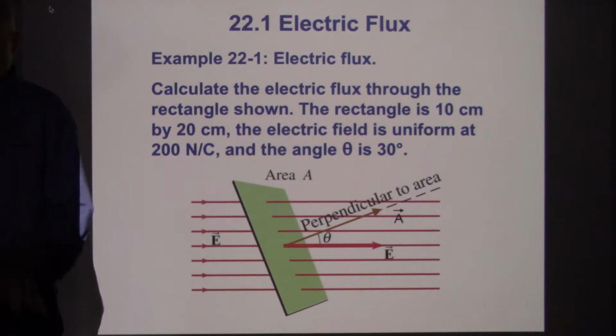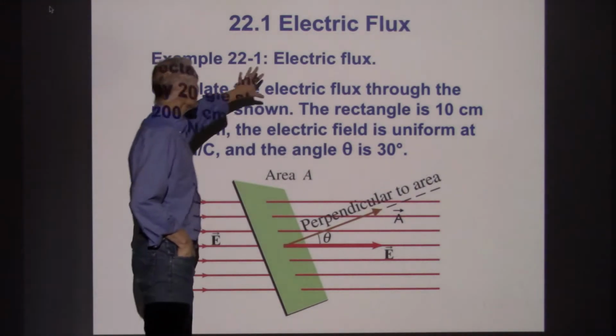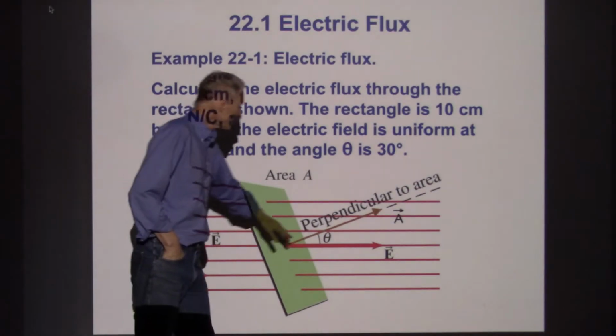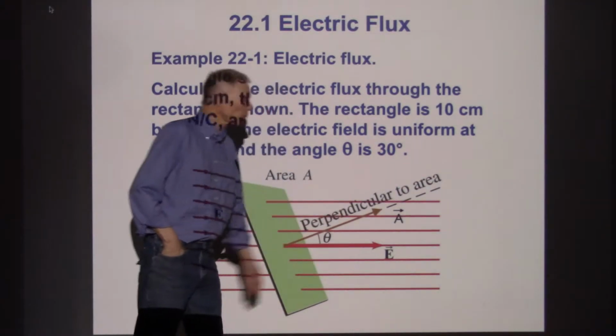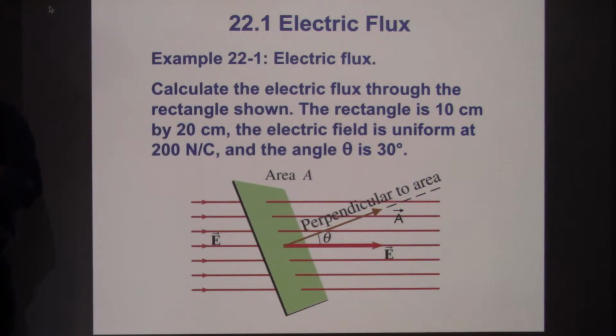Now for us, the important thing to realize is when we're calculating electric flux, we're only going to include the electric field portion that is running perpendicular to the surface. If I have an electric field component running parallel along the surface, that doesn't count.